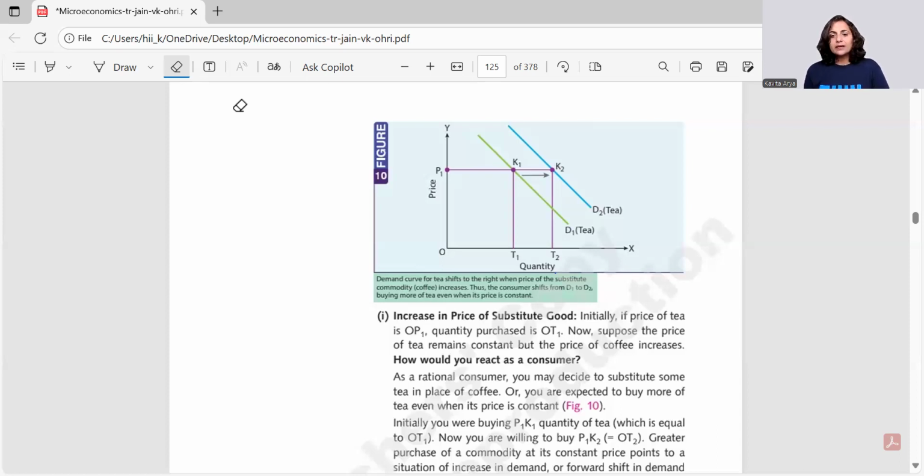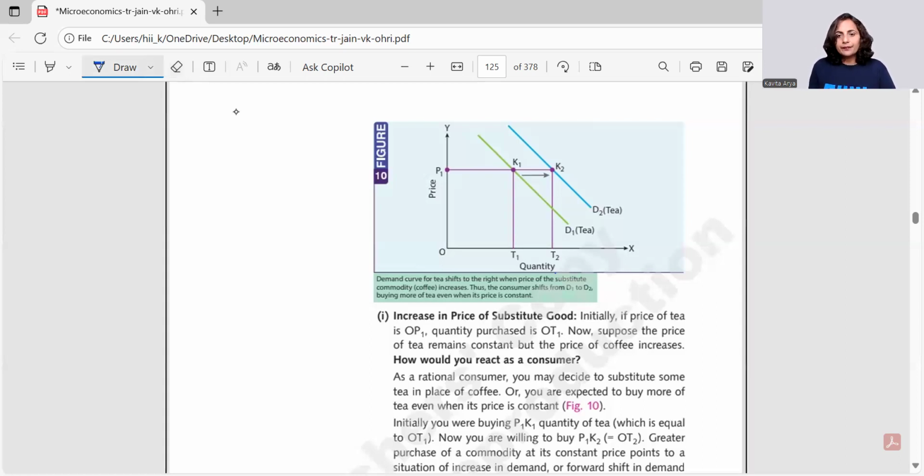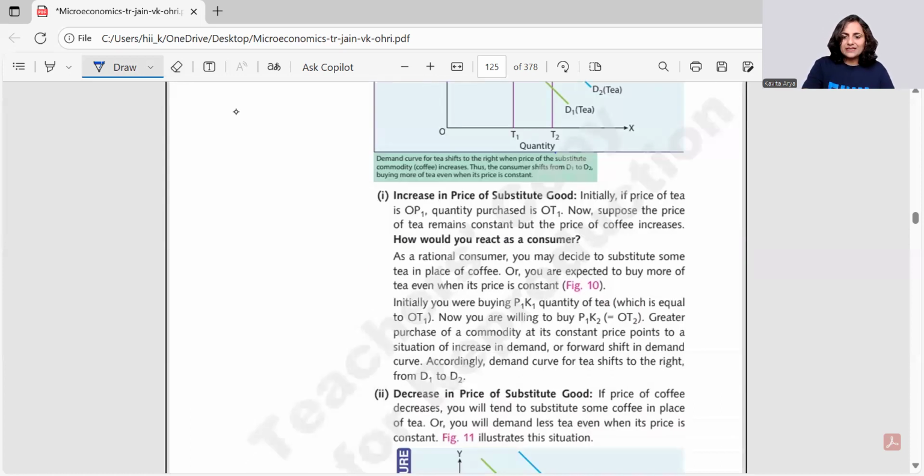So here, irrespective of constant prices of tea, the demand of tea is increasing from T1 to T2. Why? Because the prices of coffee have risen. Hence, it has led to the quantity demanded of tea also increasing, right?